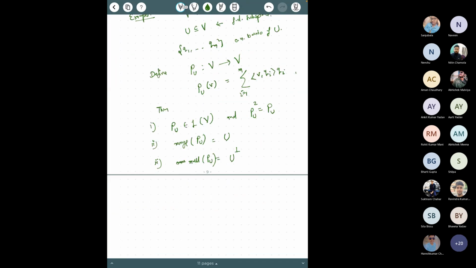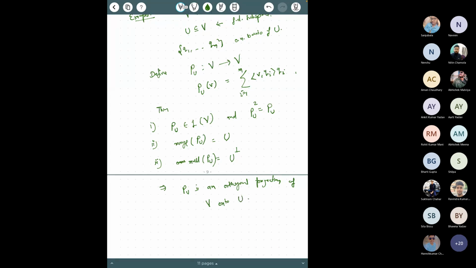So we say that P_U is an orthogonal projection of V onto U. You can easily verify this.